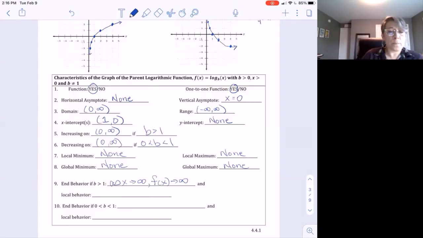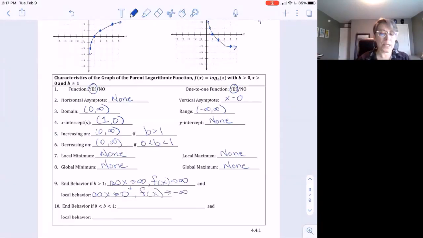Local behavior means something's happening as x is approaching, in our case here, as x is going towards 0. So as x approaches 0 from the right-hand side, our function value is approaching negative infinity.